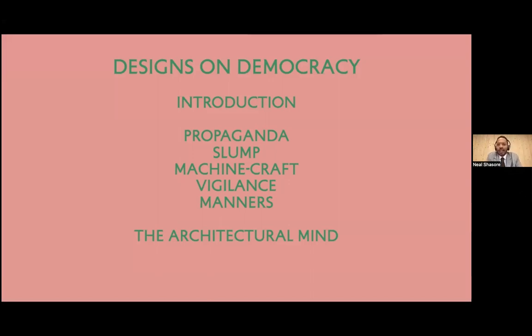So this is the structure of the book. There's an introduction, quite a long introduction, and then I guess five substantive chapters, and then a very long conclusion, which tries to pull lots of these themes together. And what I tried to do with the chapter titles was to find words that evoked the period, that were common in architectural discourse.